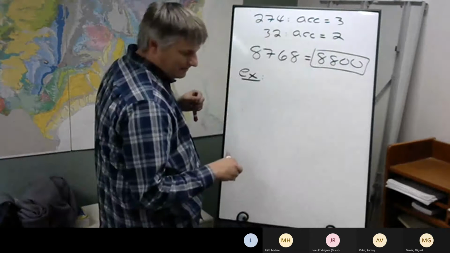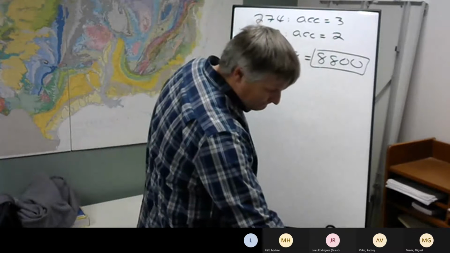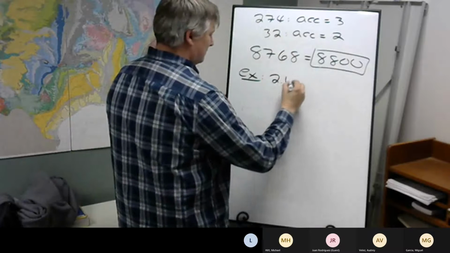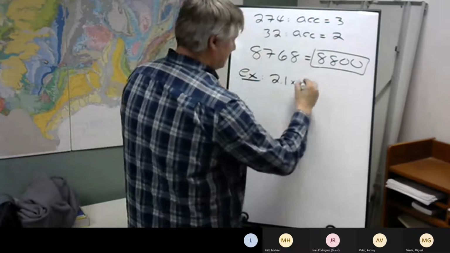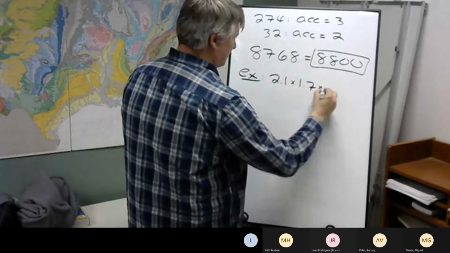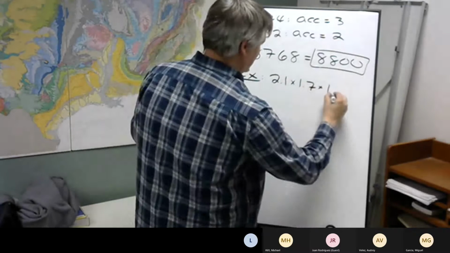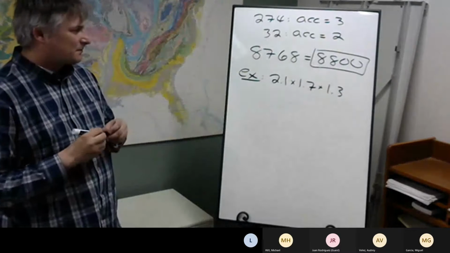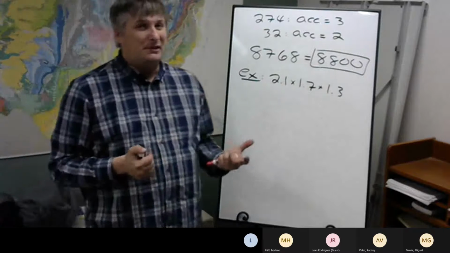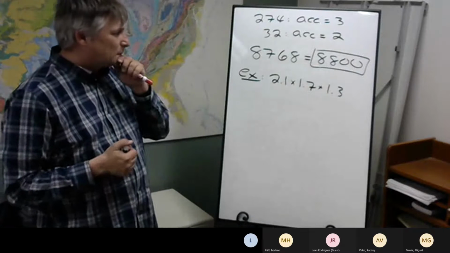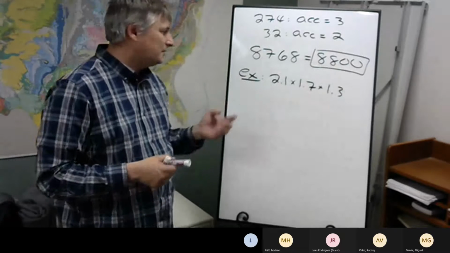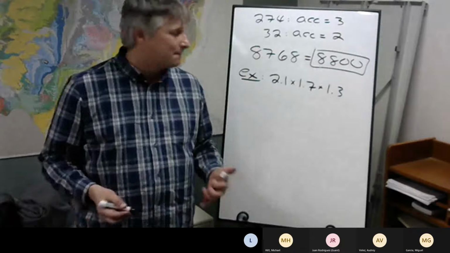So let's say we've done that one. So we've got multiple multiplications here. And so what we're going to do, just like with the addition, we're going to do all these processes, and then we're going to round at the very end.